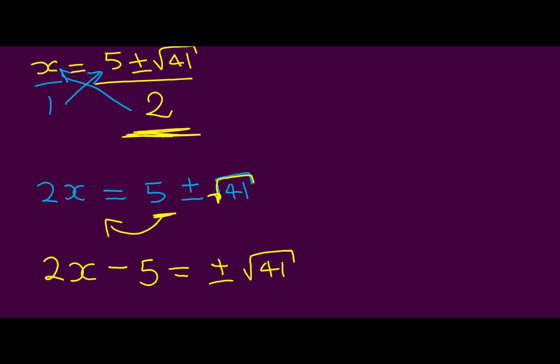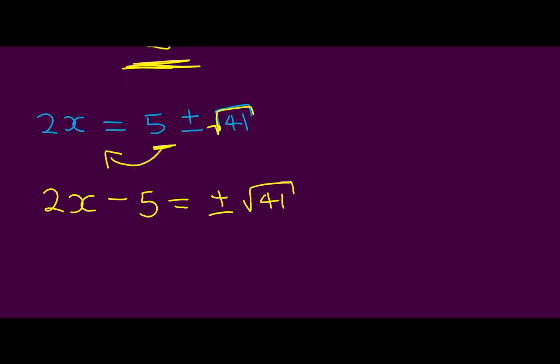I hope it's together. So the next step is quite interesting, because that's when you have to know your laws of exponents, right? So the next step, I'm going to square both sides so that I can cancel out the exponent.